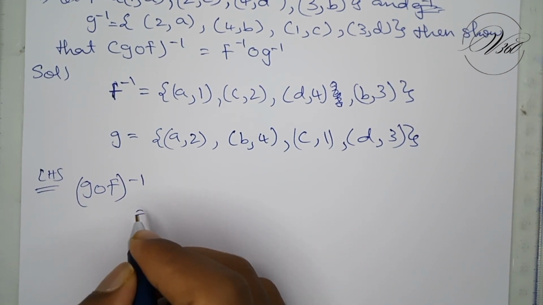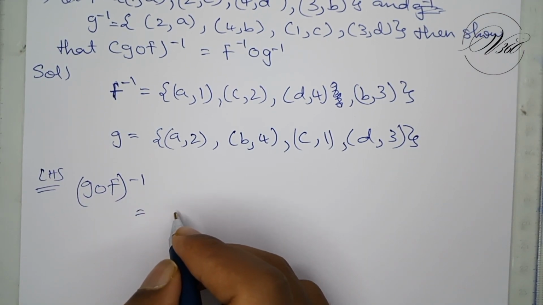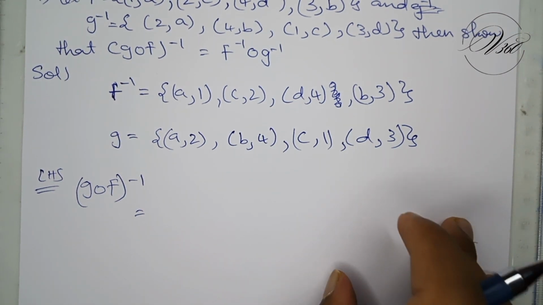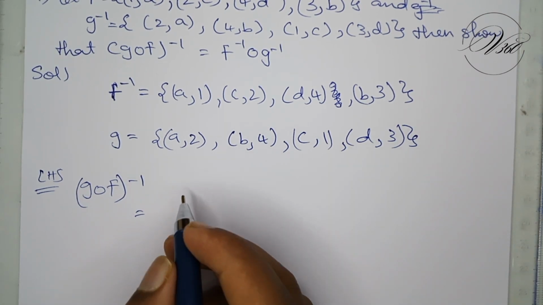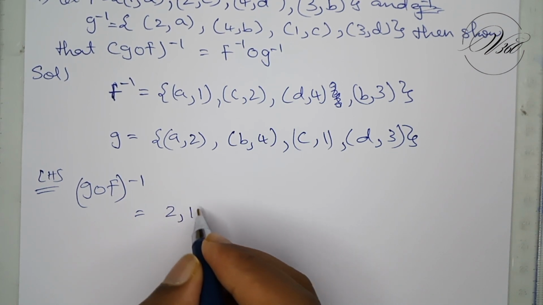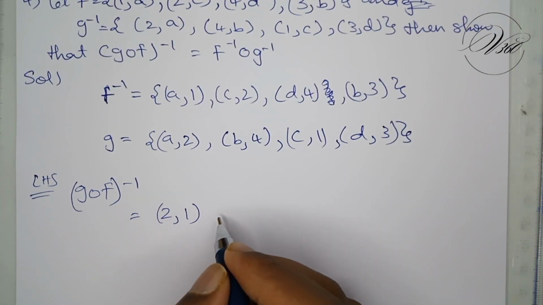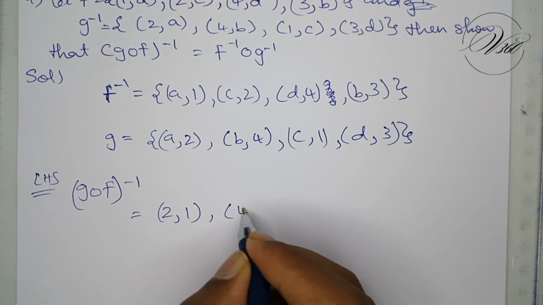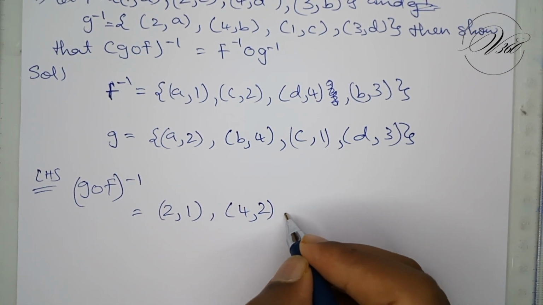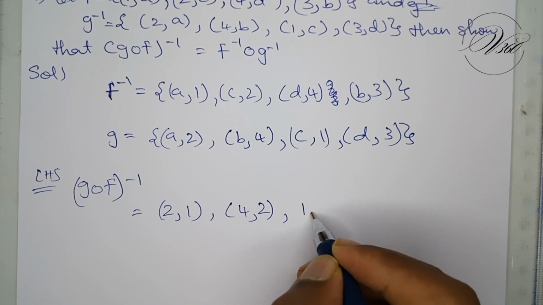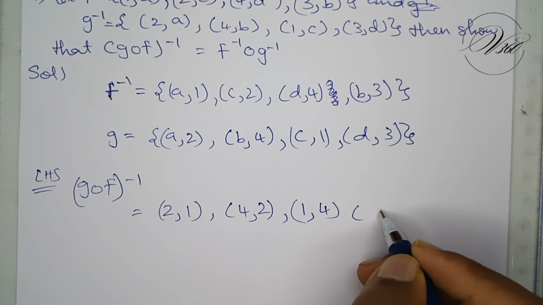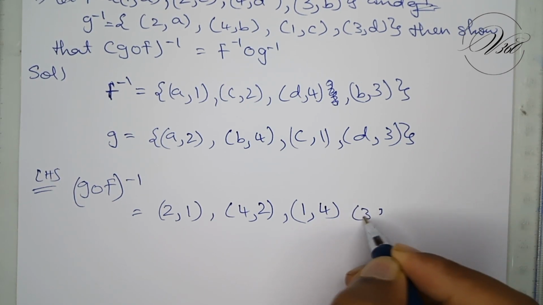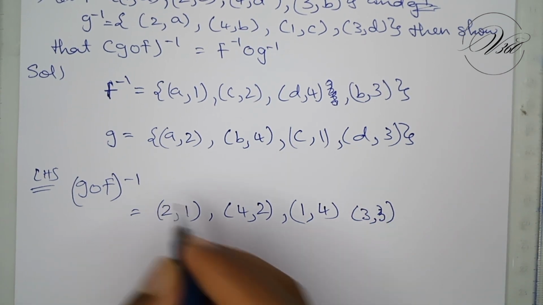First g to f directly: 2 comma 1, I hope this is correct, and 4 comma 2, 1 comma 4, and 3 comma 3.